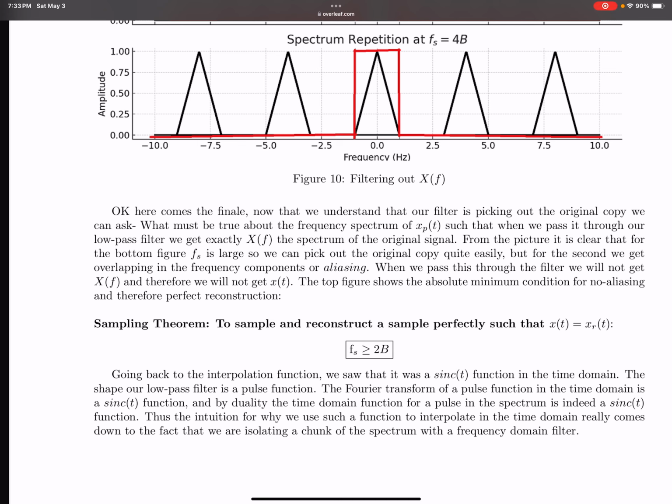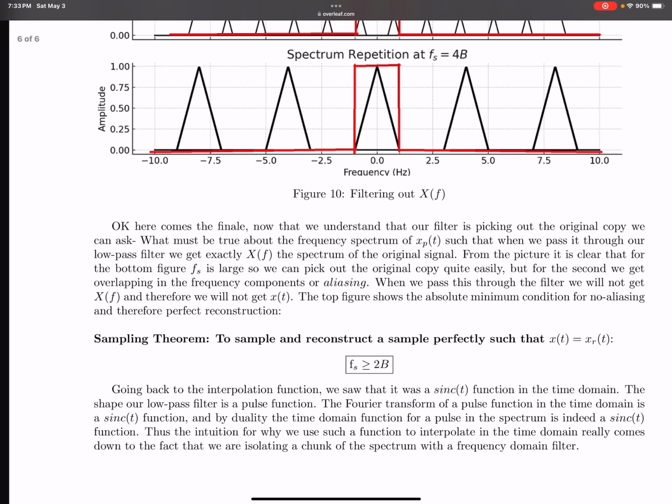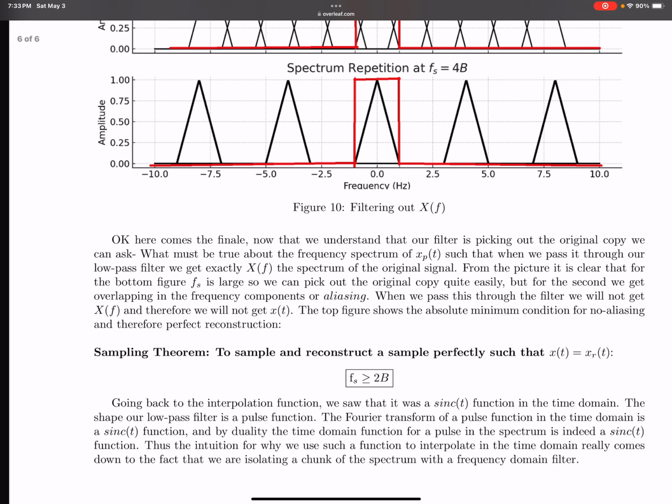One last note, going back to the interpolation function, we saw that it was a sinc function in the time domain. And you'll notice the shape of our low-pass filter that we're using to pick out the original copy in the spectrum is a pulse function. And the Fourier transform of a pulse function in the time domain is a sinc function.